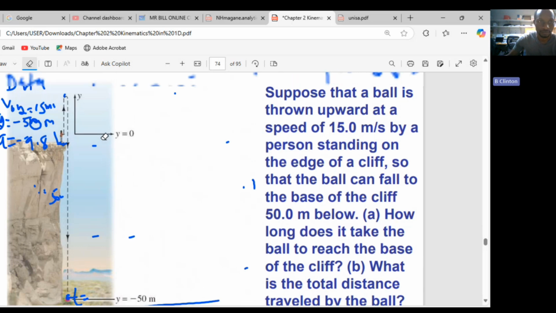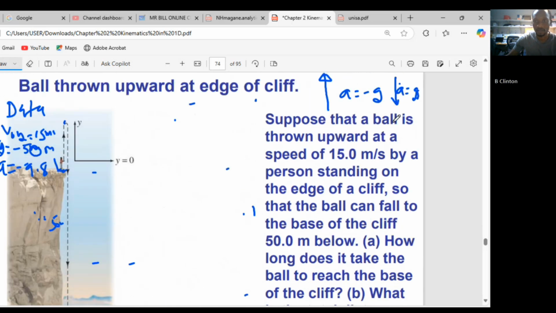So now, our aim is first to determine the distance it moved from here until its maximum height. Remember, it started from V naught here to V final on the top. And our V final on the top is 0.